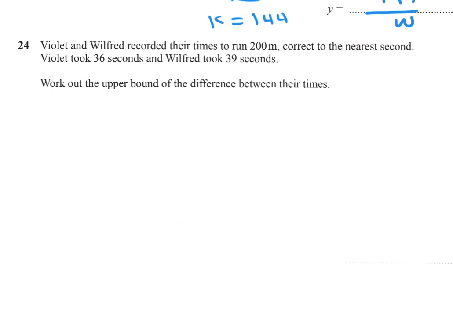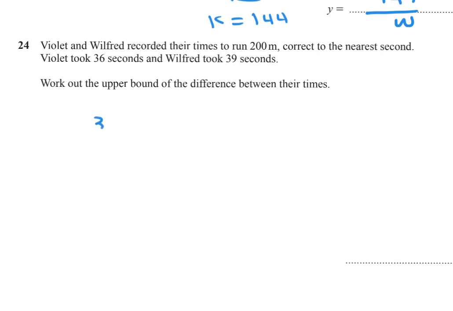24. Violet and Wilford recorded their times to run 200 meters, correct to the nearest second. Violet took 36 seconds and Wilford took 39 seconds. Work out the upper bound for the difference between their times.